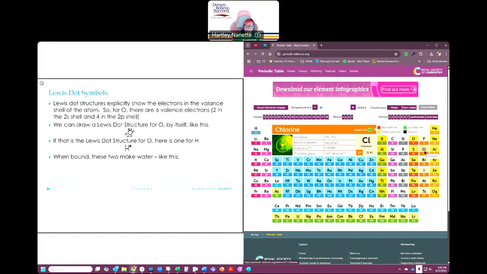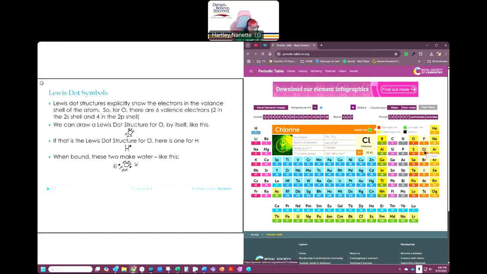When we have an oxygen and 2 hydrogens, we're going to have the oxygen in the middle and 2 hydrogens around it. So we'll draw our oxygen just like we did before. We'll have 1 hydrogen here with its dot right there, and we'll have the other hydrogen over here with its dot right there.